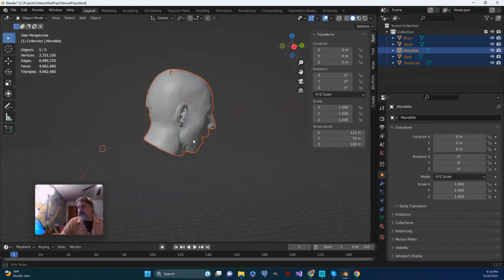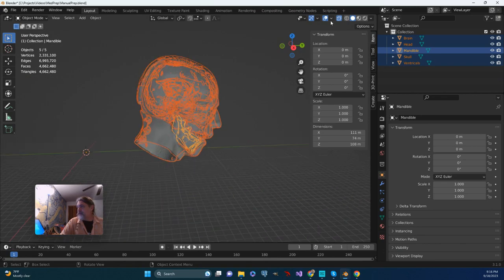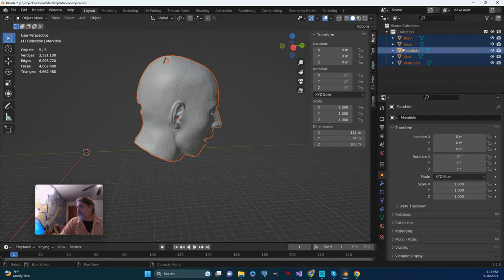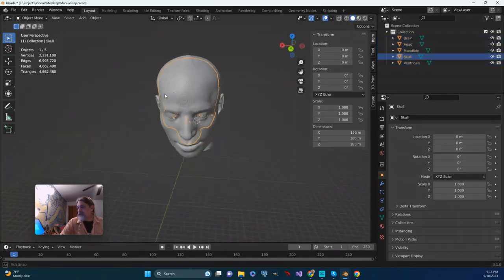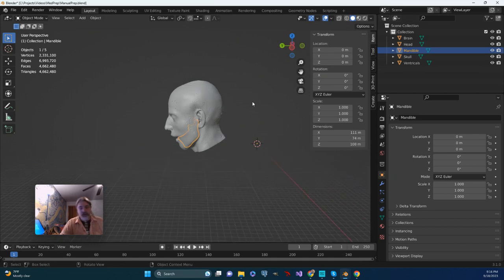So one of the challenges is that I need to do all this, actually, let's get out of that mode, so that everything maintains its relationship to one another, so that the skull stays within the head, that the brain stays within the skull, that the mandible stays in the same spot in relation to the skull. So, first thing I'm going to do is I think I'm going to select all.